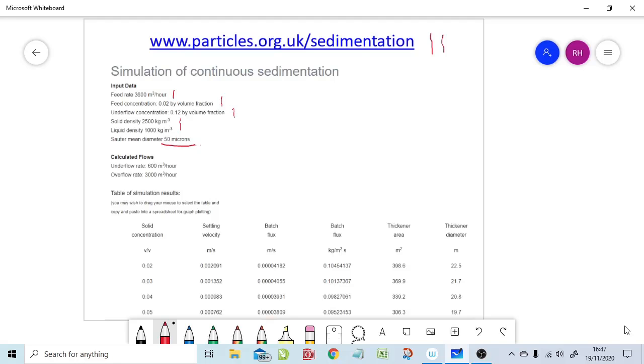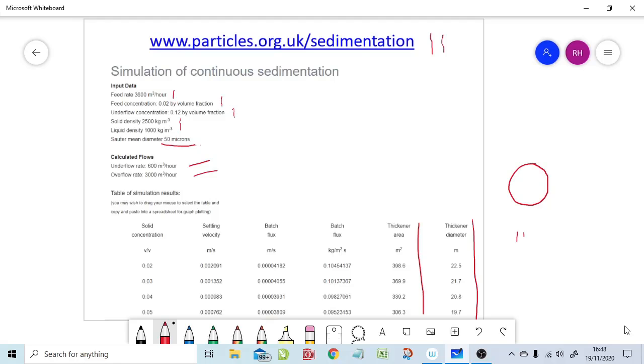So putting those values in, everything else is calculated: the underflow rate, the overflow rate, and in the classic Coe-Clevenger style we then have a range of thickener areas and therefore thickener diameters, because we're using the fact that it's looking down and it's a circle.